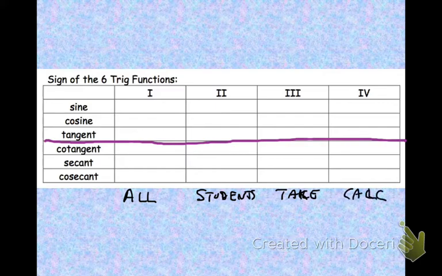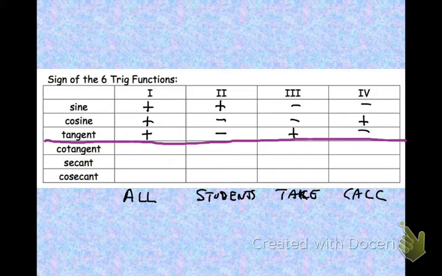Right? So in the first quadrant, all things are going to be positive. In the second quadrant, sine is positive, the rest are negative. In the third quadrant, tangent is positive, the others are negative. And in the last one, cosine is positive, and the others are negative.